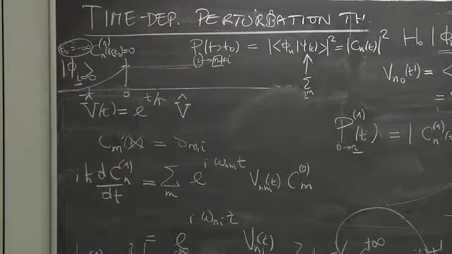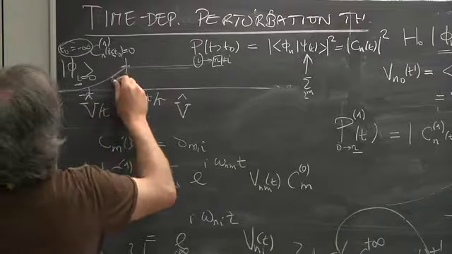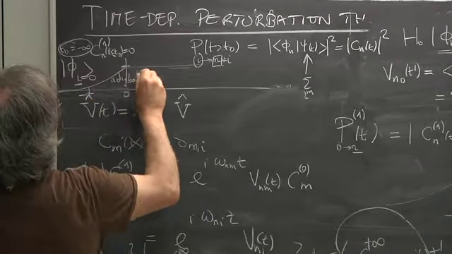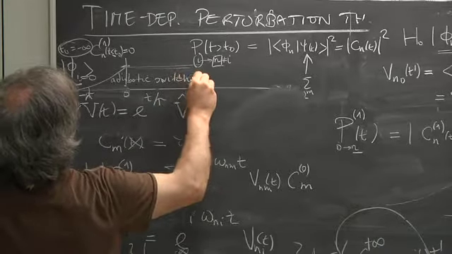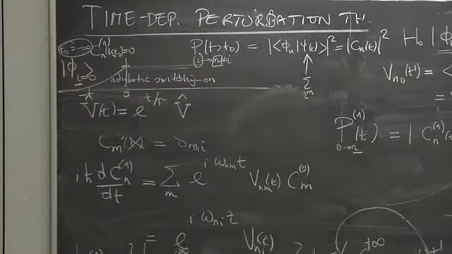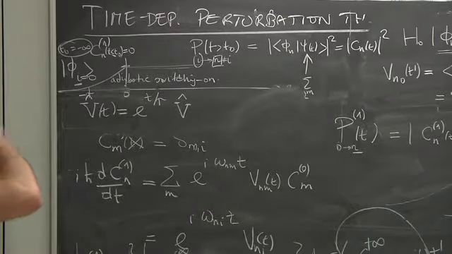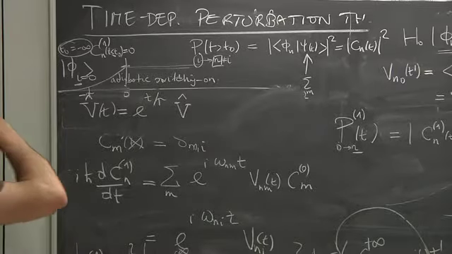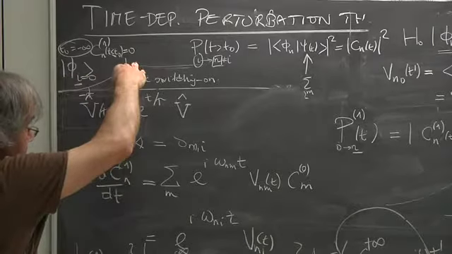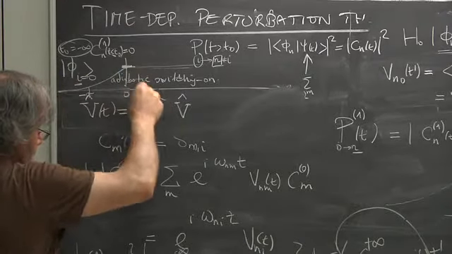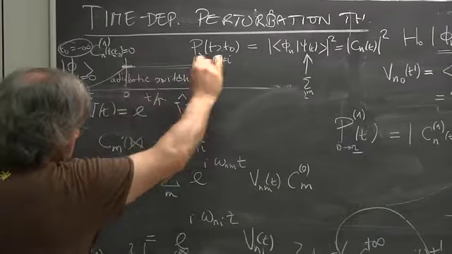But in the infinite past, it was starting from 0 and it was switched on adiabatically. Is the problem clear? So at the beginning, infinite past, no perturbation. Then a slow exponential increase of this perturbation up to a value at time t equals 0, which is v, and then constant.